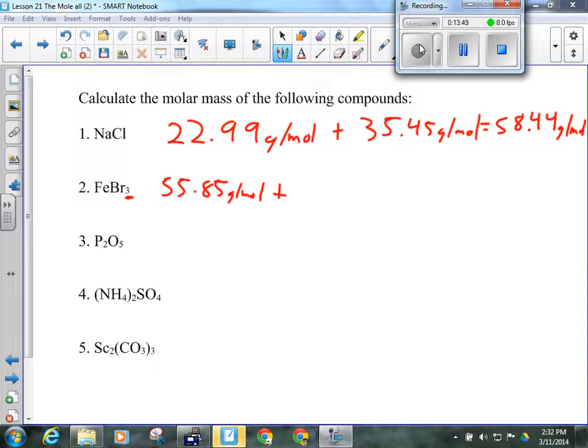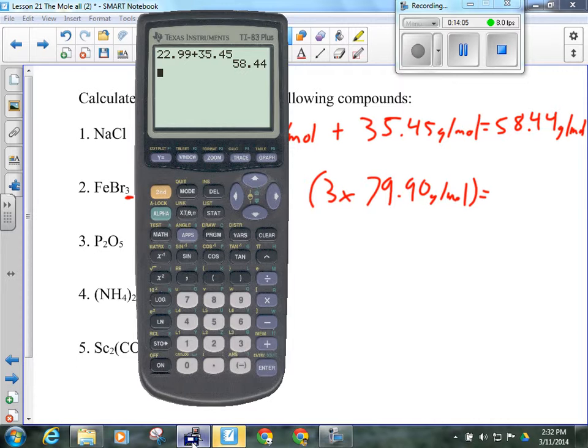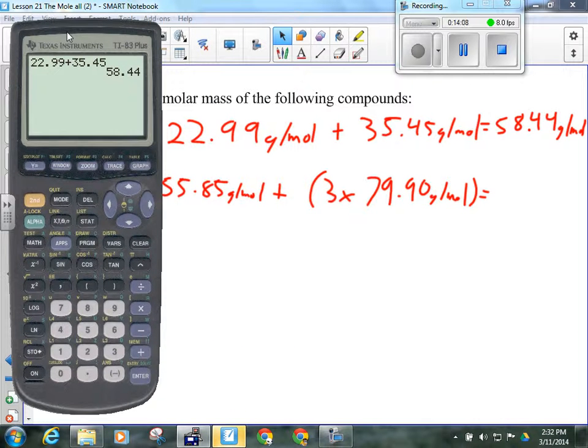So I've got to go 3 times what bromine is, which is 79.90 grams per mole. That will give me the mass of 1 mole of this stuff. So I've got 55.85 plus 3 times 79.9. So 1 mole of this stuff has a mass of 295.55 grams.